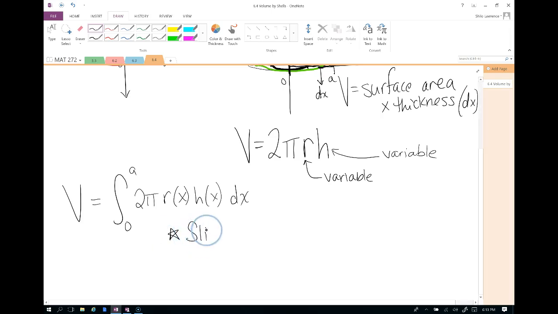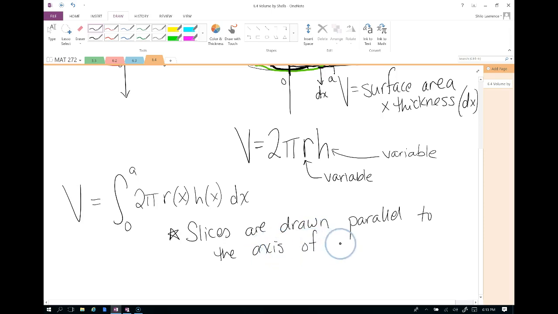Our slices are drawn parallel to the axis of revolution. So with discs, when they were perpendicular and we spun them around, it created a circle or a disc with this little bitty thickness.